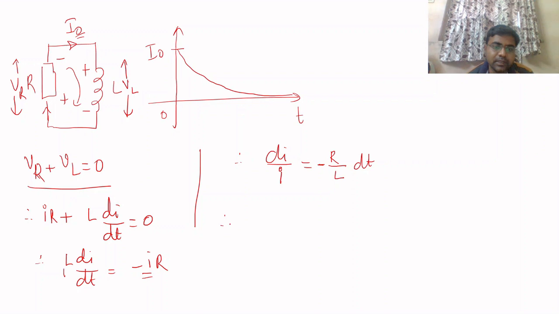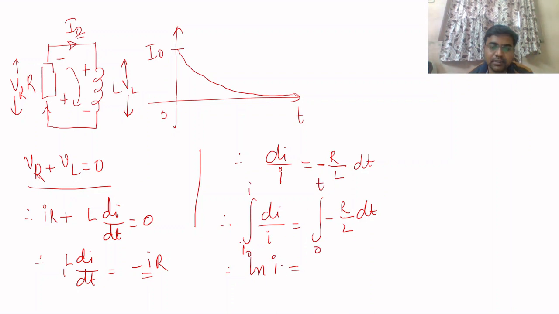And then if I apply integration on both sides, minus R by L dt, right? So what is the integration of this? ln I is equal to, and then I have to integrate from I0 to I, and here 0 to t.